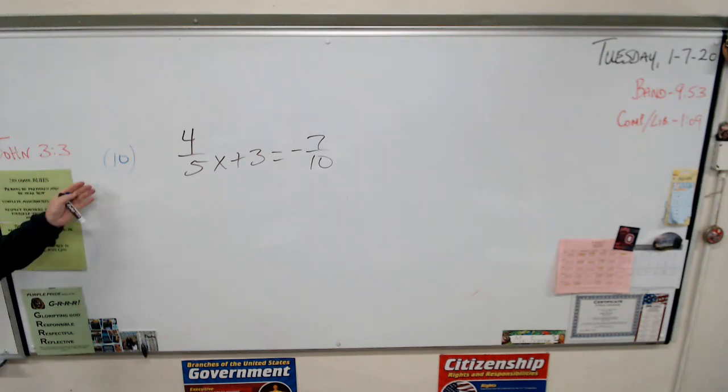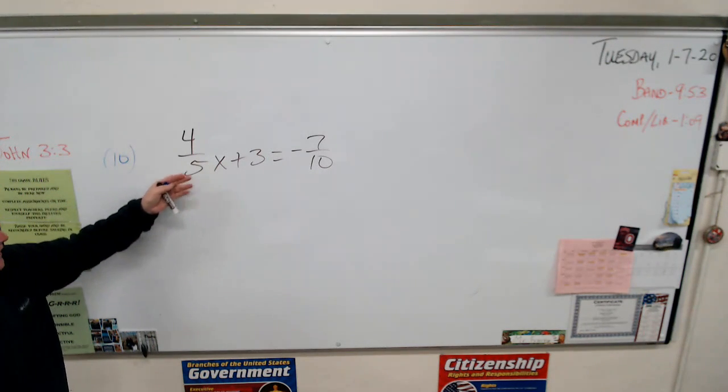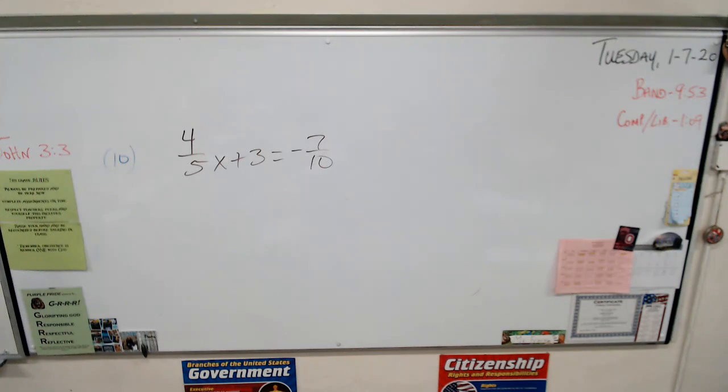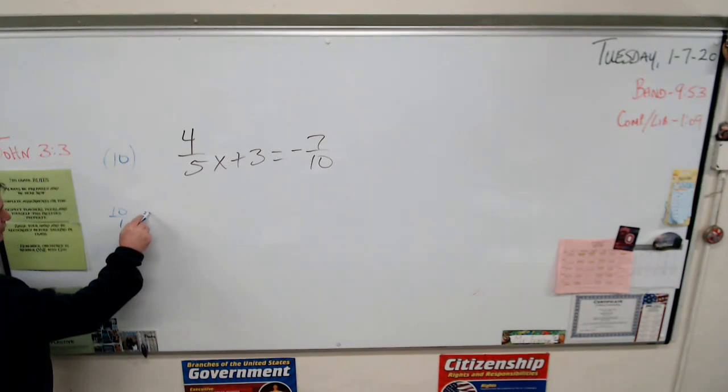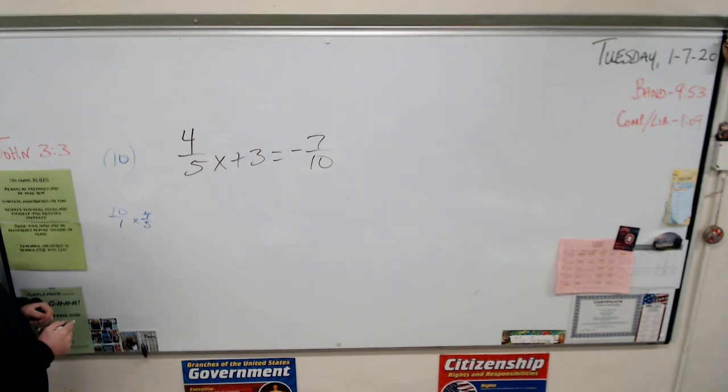Okay, so if I multiply everything by 10, how many x do I have? 8x, because what's 10 times 4/5? It's 8.